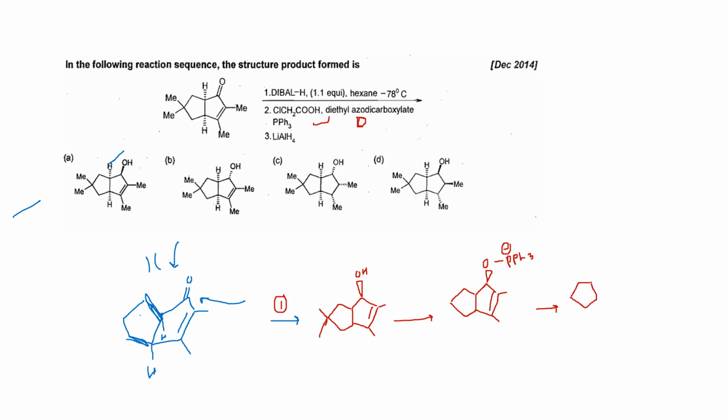So the plane will be reversed. When the acid group attacks, this will be removed from the system and it will form below the plane.